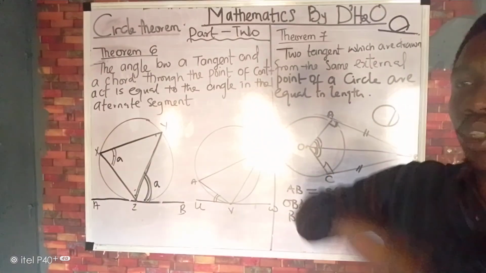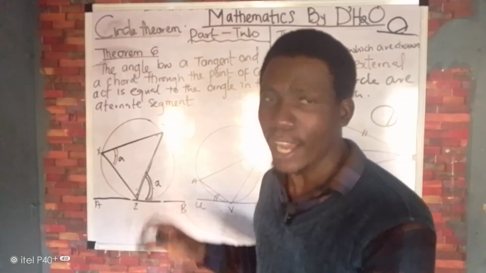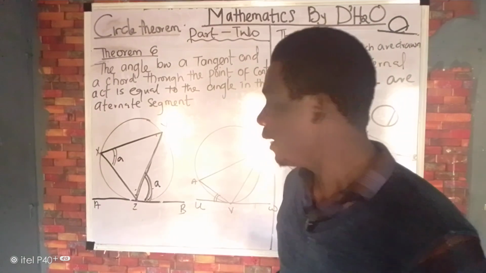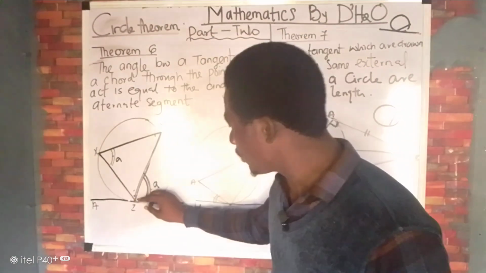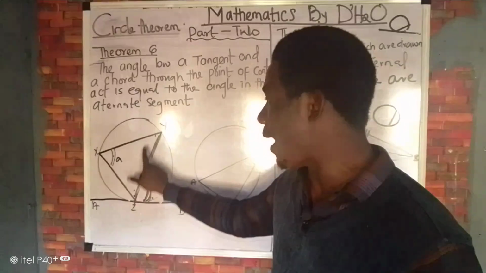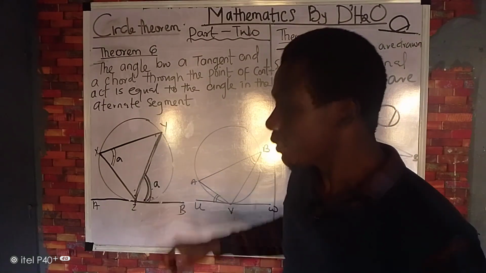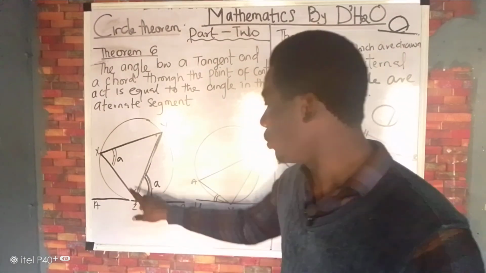How do I know the angles in the alternate segment? Very easy. See, this angle here, which is the angle between the chord and the tangent, is here, okay? And it touches this line. This line that it touches has two angles, which is the angle here and the angle here. Make sure you are not equating this angle to the angle of the line it touches, which is this and this.